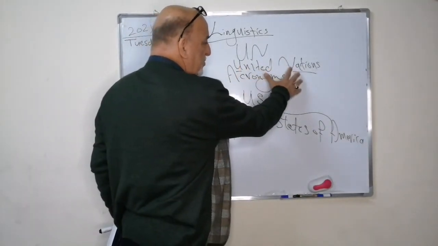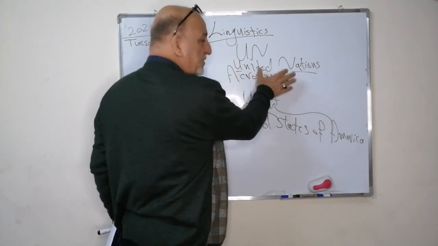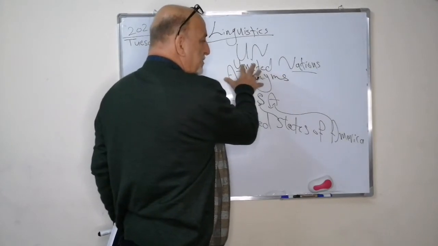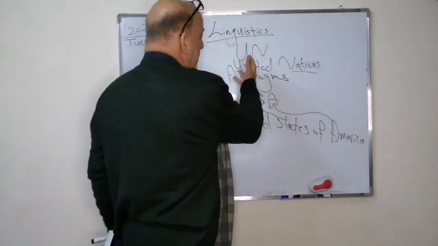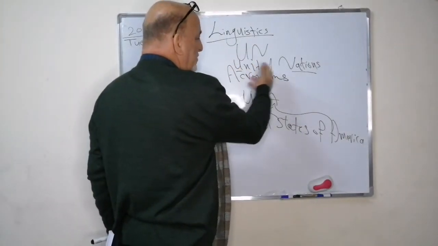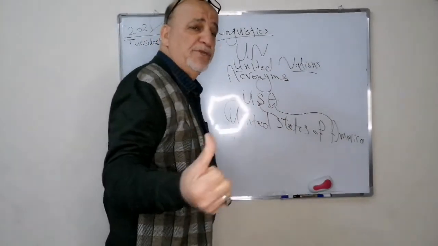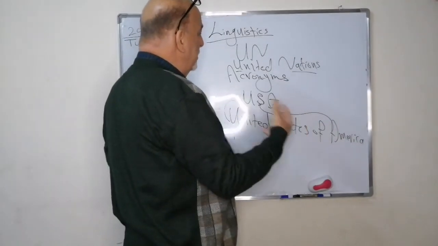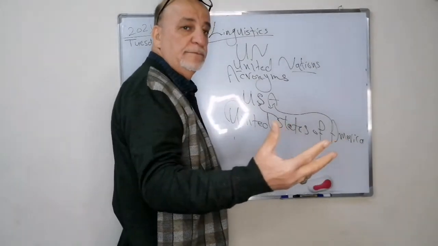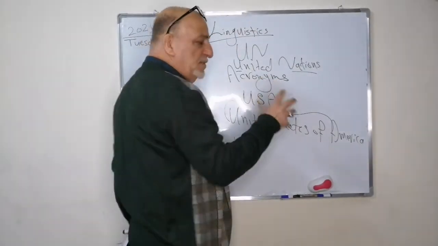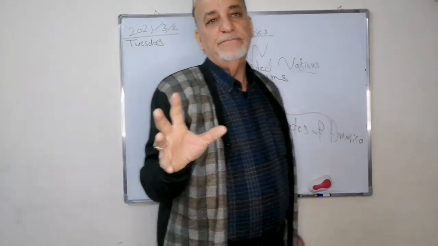United is one word, Nations is another word. I took the U from United and N from Nations. Then I got a new word that is UN. So here I pronounce it as separate letters.